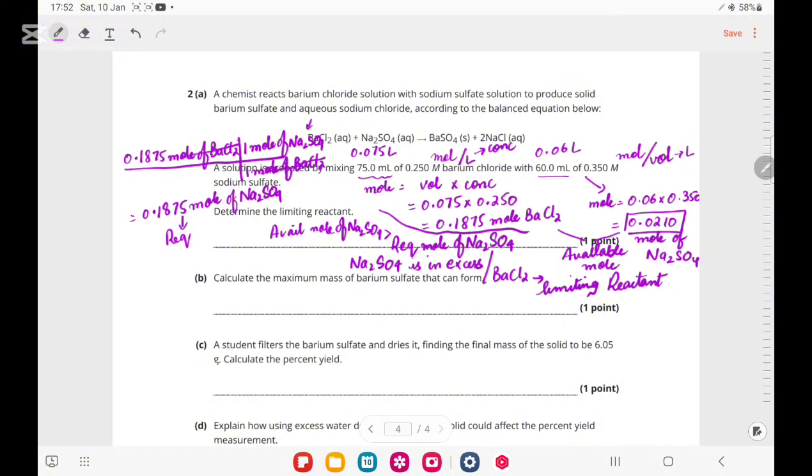Now they are saying calculate the maximum mass of barium sulfate, and for that purpose we need to use the limiting reactant, because the limiting reactant controls the amount of product. So I'm going to put barium chloride, which is the limiting reactant, on left hand side, and barium sulfate on right hand side.